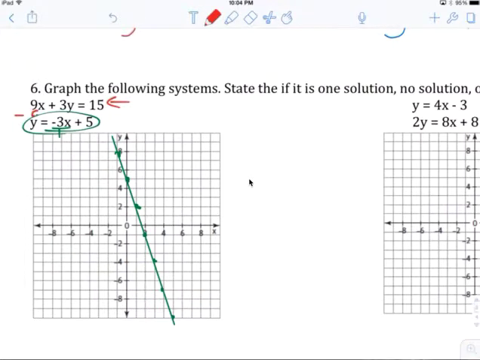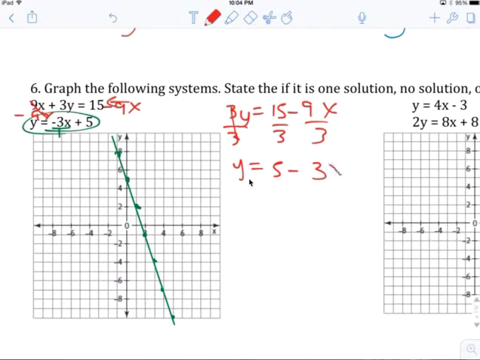So you minus 9x from both sides. So we get 3y equals 15 minus 9x. Divide by 3. Okay, so start out at 5. Go down 3. Well, exact same line.